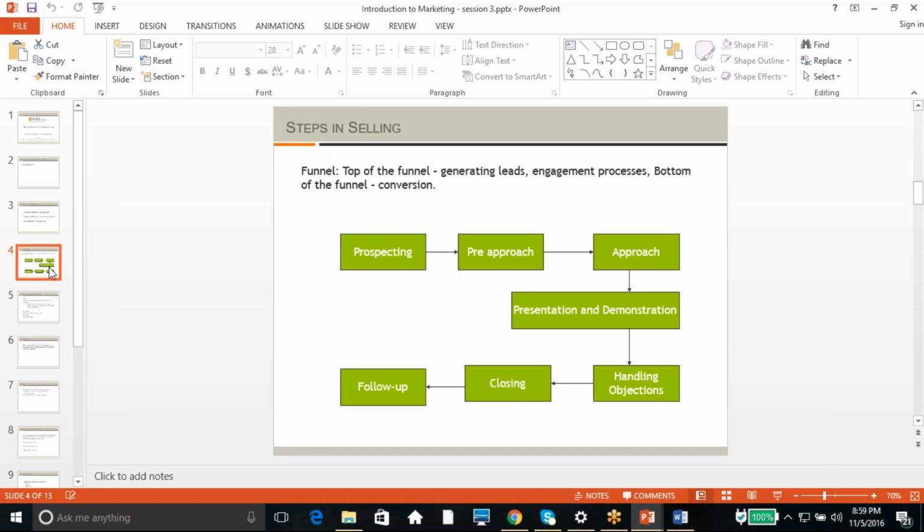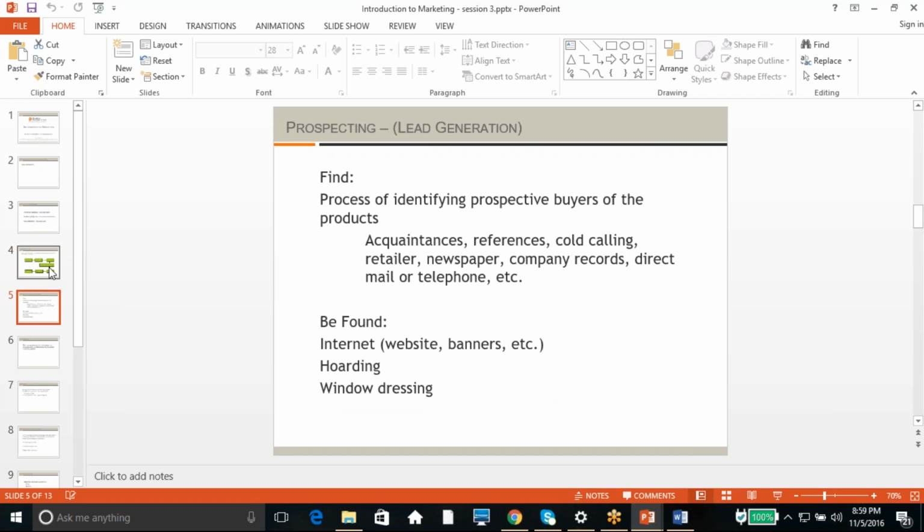And now instead of prospecting, we say we are generating leads, which is what are the people who could buy. And then there is an engagement process, which is sending those emailers and doing the telecalls and all those sort of stuff. And then finally the conversion at the end. So we say percentage conversion, and online nowadays is like 1% conversion from the leads and so on.